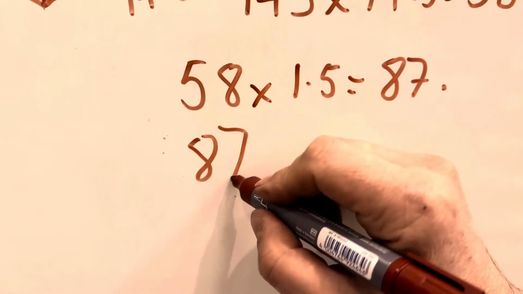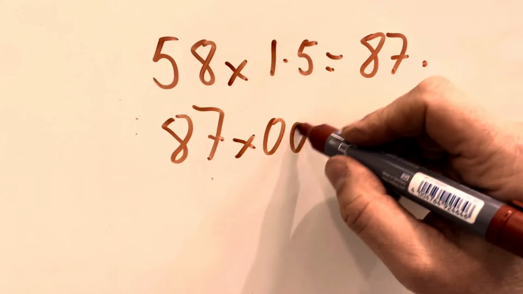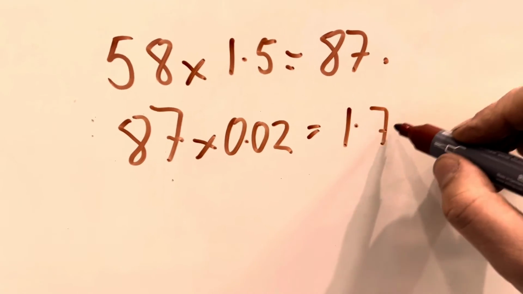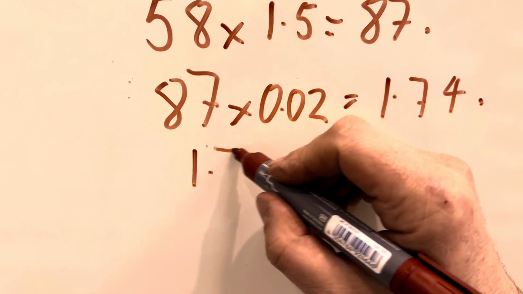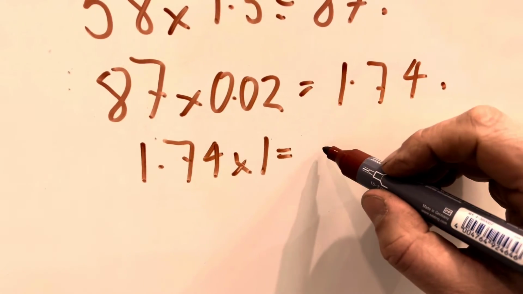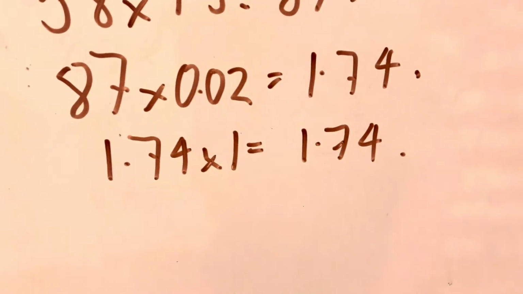Then it's 87 times the intensity, which comes to 1.74. 1.74 times 1, that's the risk factor, equals 1.74. That's the flow rate.